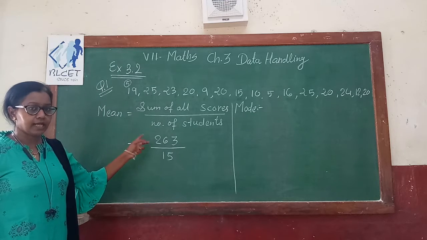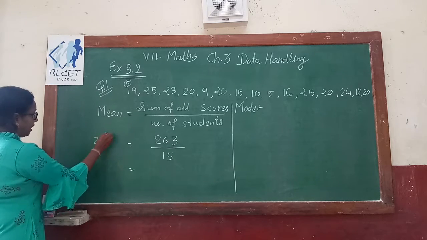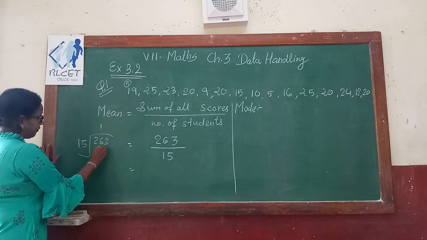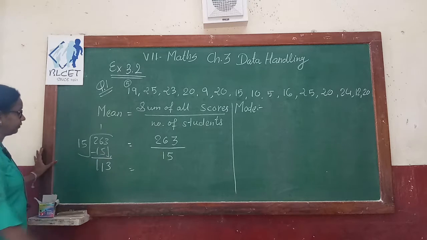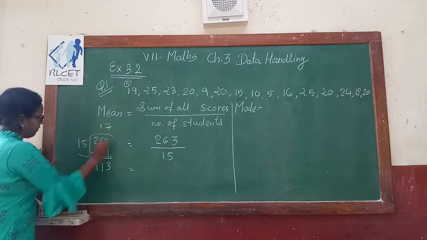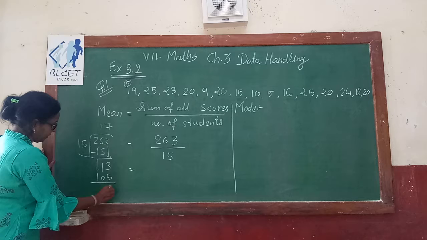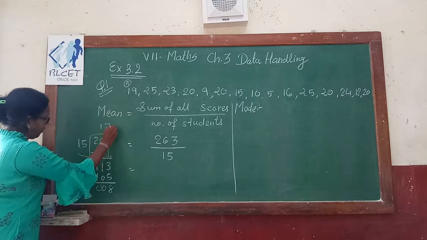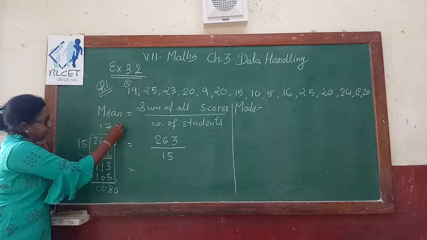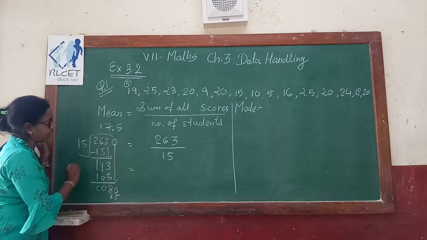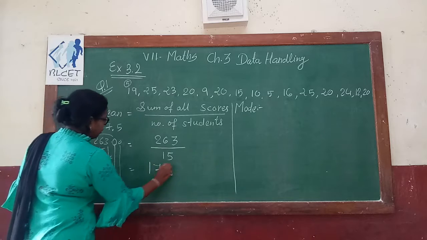If you want, you can find 263 divided by 15. 15 ones are 15, subtract, you get 11, bring 3 down, 15 sevens are 105, and so on. Somehow 17.5 is your mean.